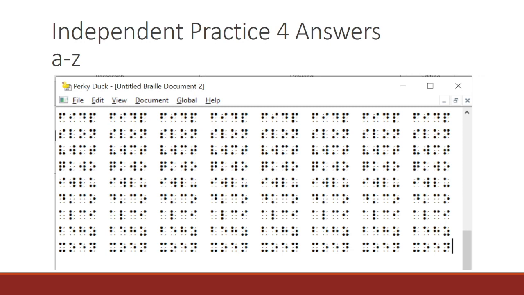Here are the answers for independent practice 4 for the letters A to Z. The letters, again, are the same as those on the previous page, written in the Braille font.